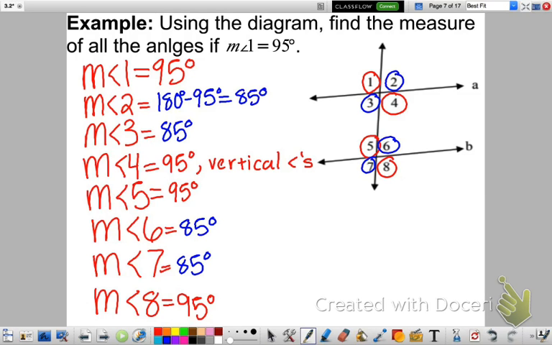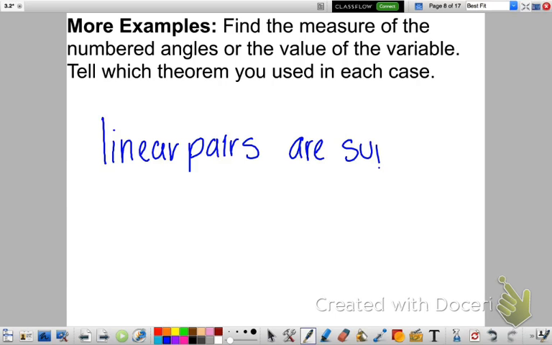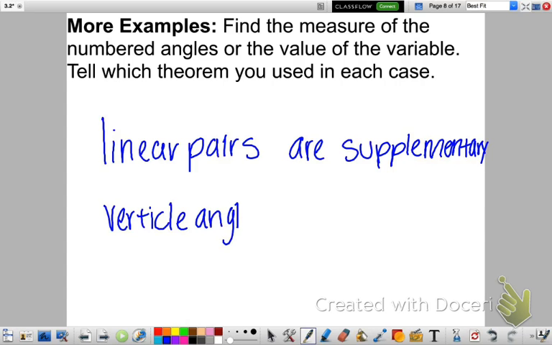Now, we have discussed previously how linear pairs relate. Linear pairs are supplementary. And we have also previously discussed that vertical angles are congruent.